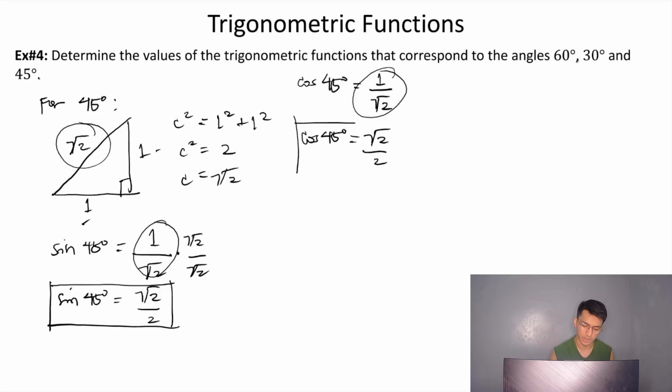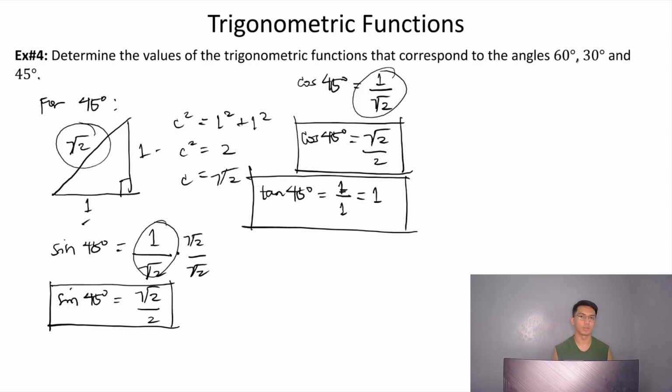Ayan po siya. For tangent theta, or tangent 45 degrees. Opposite over adjacent. Ang opposite natin ay 1. Ang adjacent natin ay 1 din. So, therefore, the answer is simply 1 lang. Ayan. For cosecant 45 degrees.